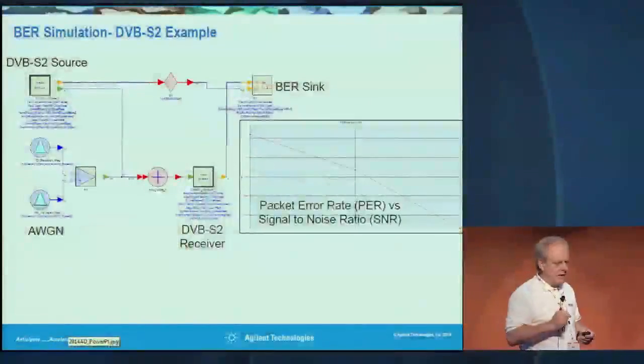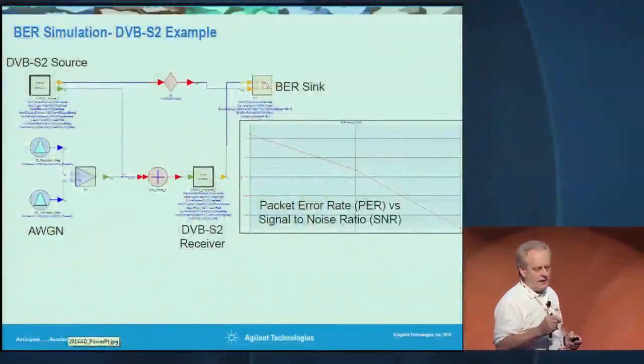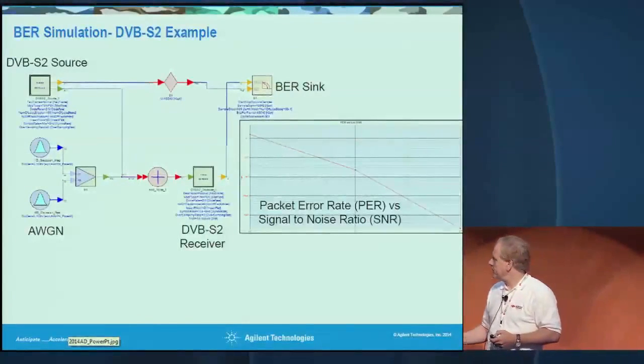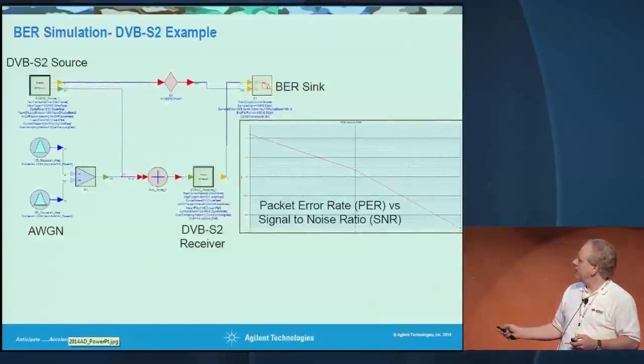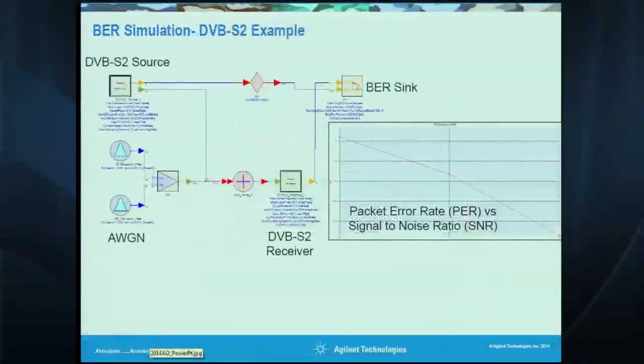Another aspect is bit error rate. This is showing a personality for making both the modulation and demodulation. One thing that's shown here is packet error rate versus signal to noise ratio.